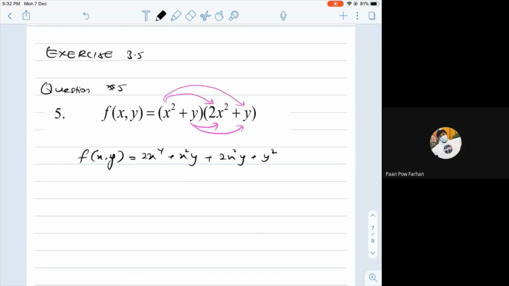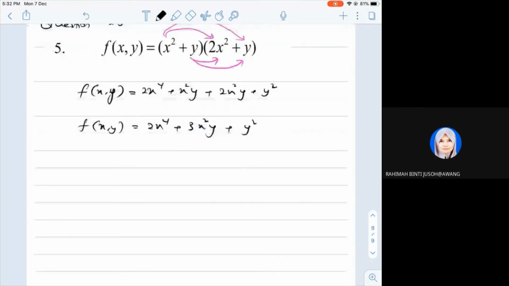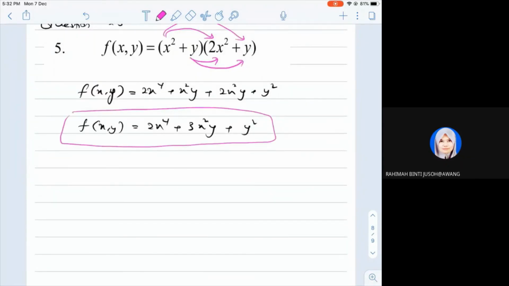Can we add them? Yes, add them. So fxy is 2x to the power of 4 plus 2 plus 1, so 3x squared y, plus y squared. So this is your fxy now. This is our question, and we just focus here.